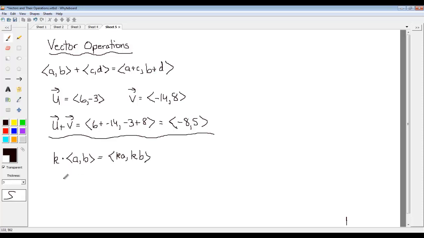For example, using the same vectors U and V, let's say you have negative 1/2 times V. You take negative 1/2 times negative 14, comma, negative 1/2 times 8, and you will get (7, negative 4). Still, it's a vector result. And notice that your vector V was (negative 14, 8), and as soon as you multiply by a negative, the signs inside changed, from negative to positive and positive to negative.